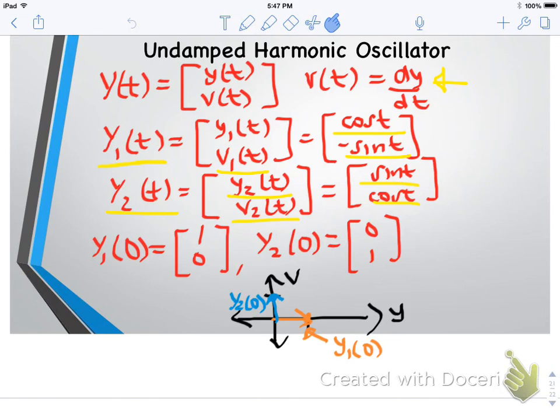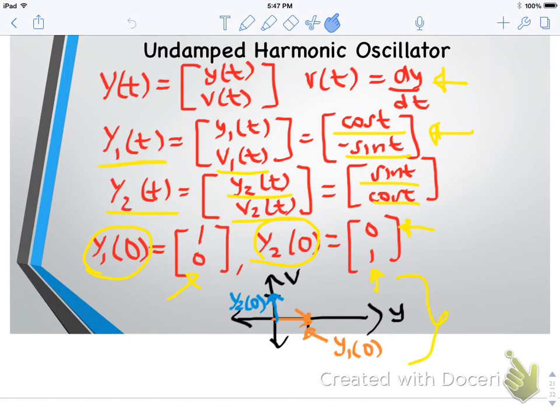And so then we want to make sure that Y sub 1 of 0 and Y sub 2 of 0 are linearly independent, because once we show that, then we have the general solution to our differential equation model. So Y1 of 0, just plug it in. Cosine of 0 is 1, and negative sine of 0 is 0, so that's how we got that vector. And for Y2 of 0, sine of 0 is 0, and cosine of 0 is 1, and that's how we got that vector.